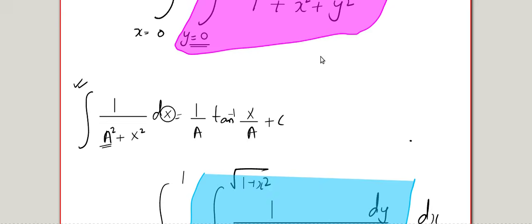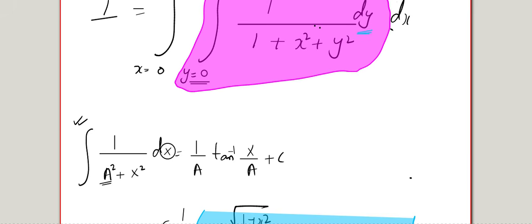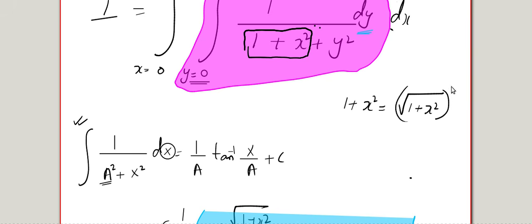Look at this. We are integrating with respect to y, and when we integrate with respect to y, x will be a constant, and 1 of course is a constant, so the whole thing 1 plus x square is a constant. So what I do is, I am writing 1 plus x square in the format something squared, and to make it something squared it is very easy, put a root, put square. Come on, think about it. If I want 3 to be a whole square, the simplest thing I can do is I can put root and I can put square.